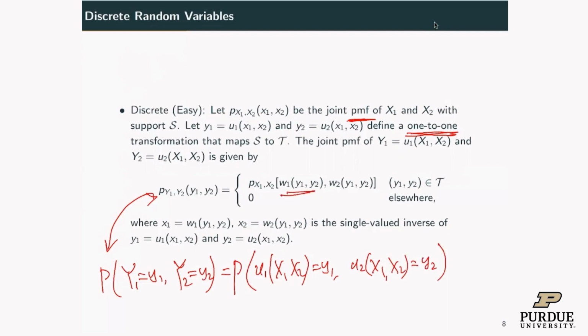So inverse transformation is here: x1 is w1(y1, y2), x2 is w2(y1, y2). Since I know the joint PMF of x1, x2, I can plug in to get the joint PMF for y1, y2. So for the discrete case, if the transformation is 1 to 1, we can get the joint PMF of this transformation easily.